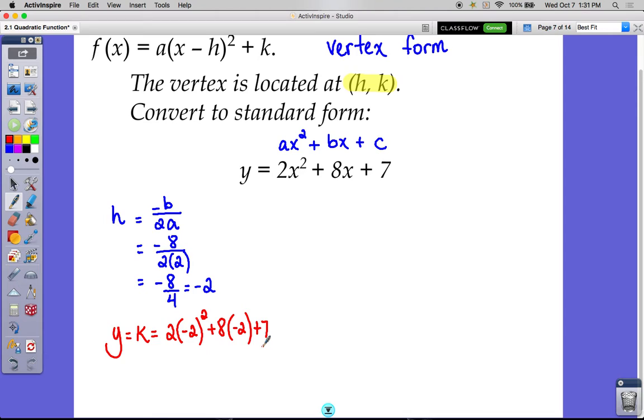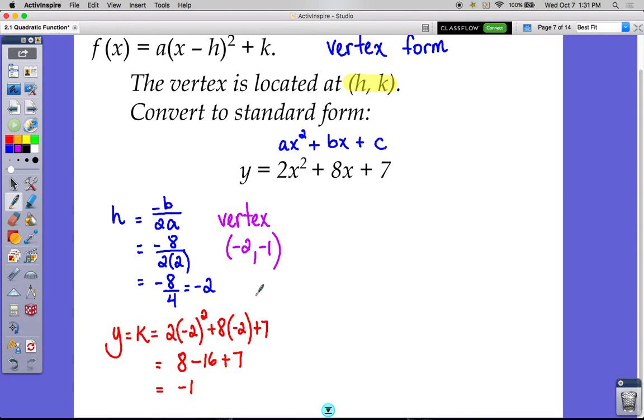Negative 2 squared is 4 times 2 is 8. 8 times negative 2 is negative 16. And then plus 7, all good numbers. This is equal to negative 1. So I know that h comma k, my vertex, is located at negative 2 comma negative 1.